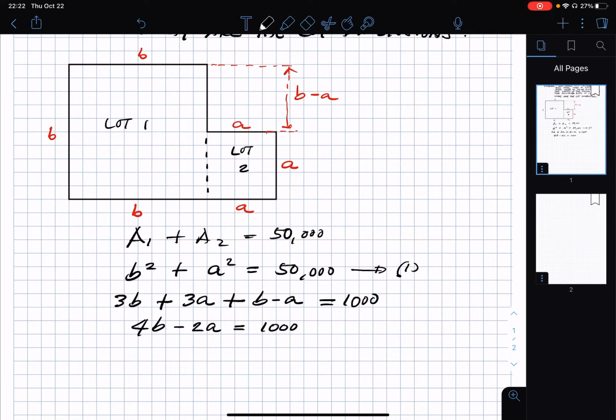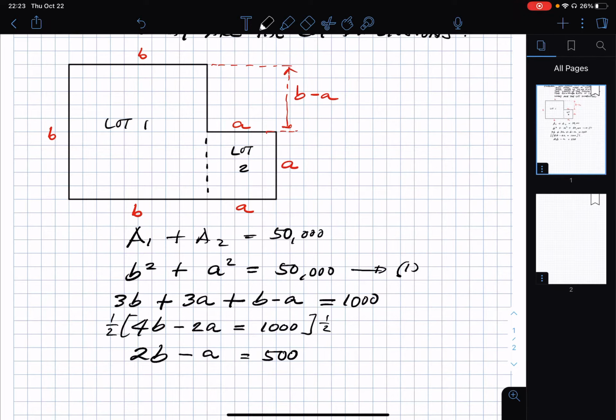Okay, and this will be equation 2, but you can still simplify this by dividing both sides of the equation by 2, or multiplying 1/2 on both sides. That will be 2B minus A is equal to 500.